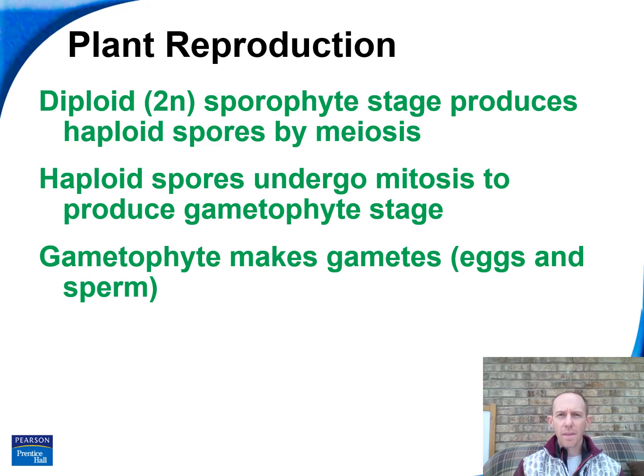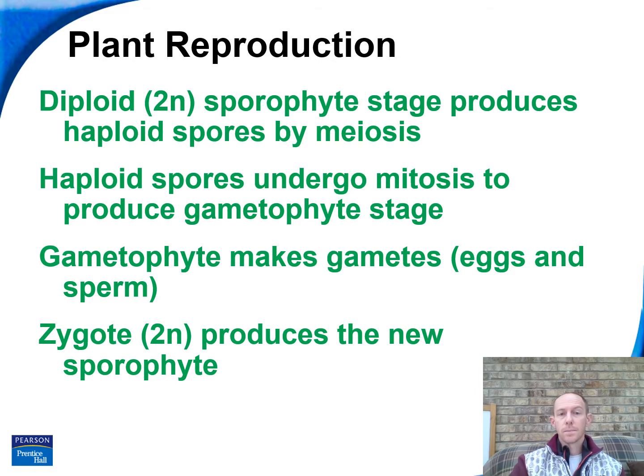I want you to confront that thought if you haven't yet. Plant sperm. Those gametes combine to make the zygote. Sperm plus egg equals zygote. That zygote grows up into the new plant, which is called a sporophyte.